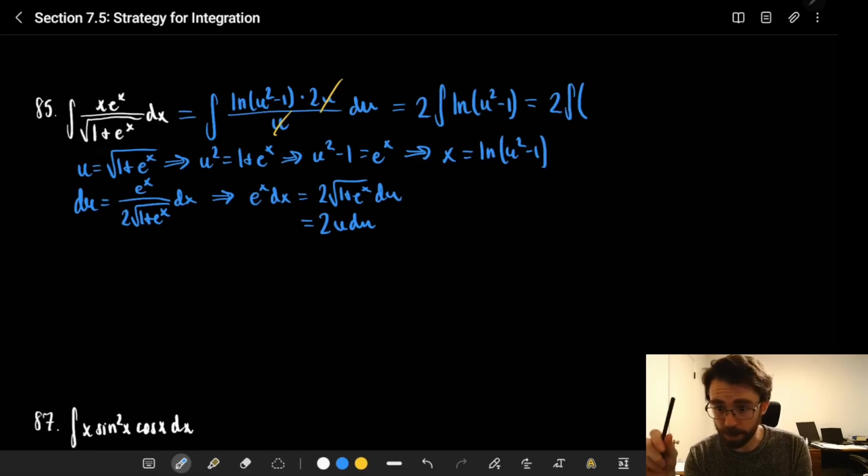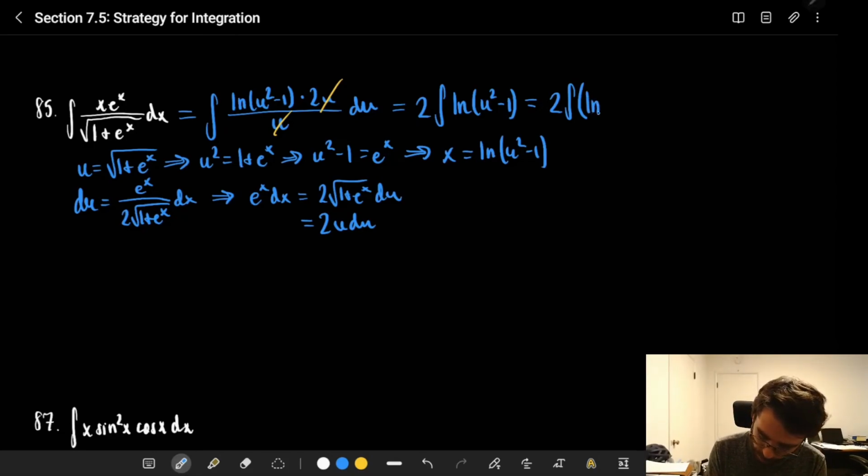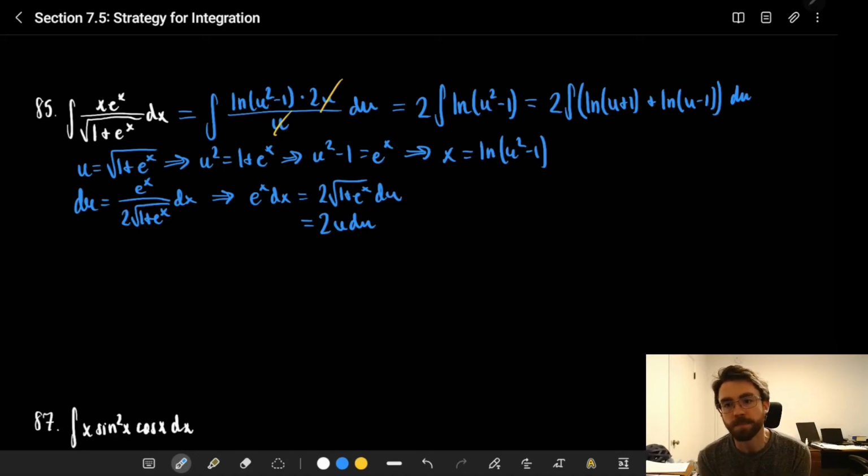U squared minus 1 is u minus 1 times u plus 1, difference of squares. So you have a product inside the log, which turns into a sum of logs. Log u plus 1, log u minus 1. Yeah, that works. And then each of those should be somewhat nice.